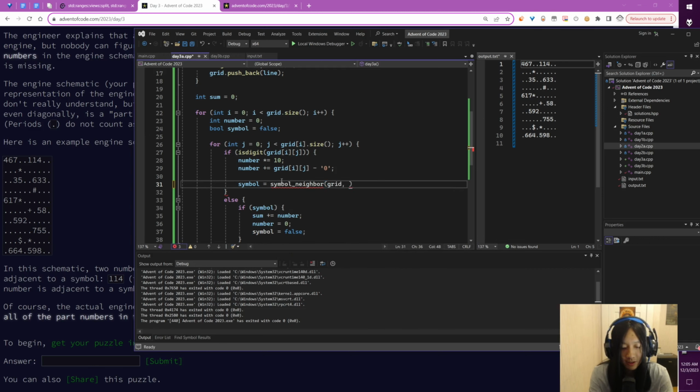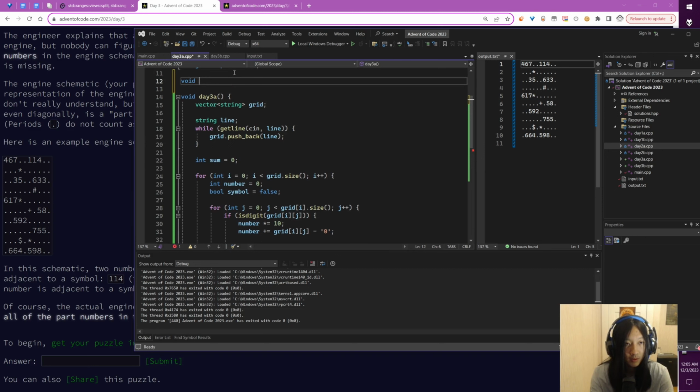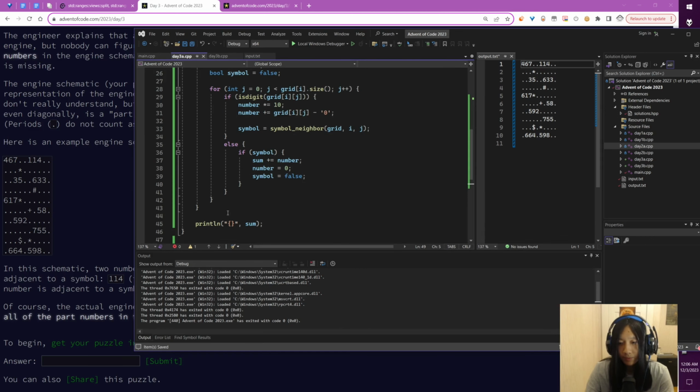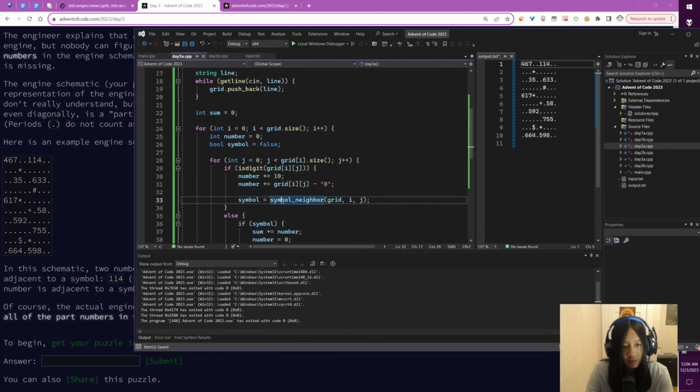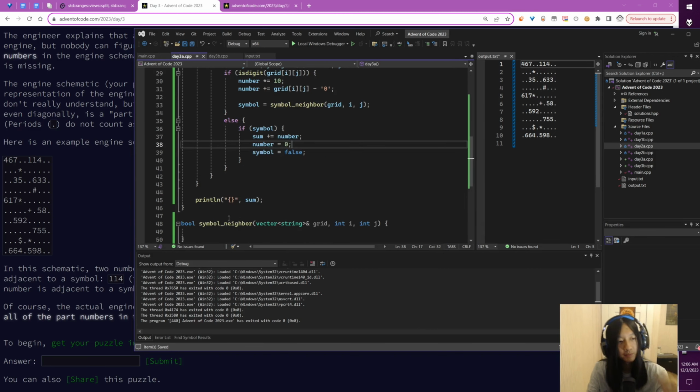That's going to take the grid and our current position. I think if I can write this function correctly, then we are all good.